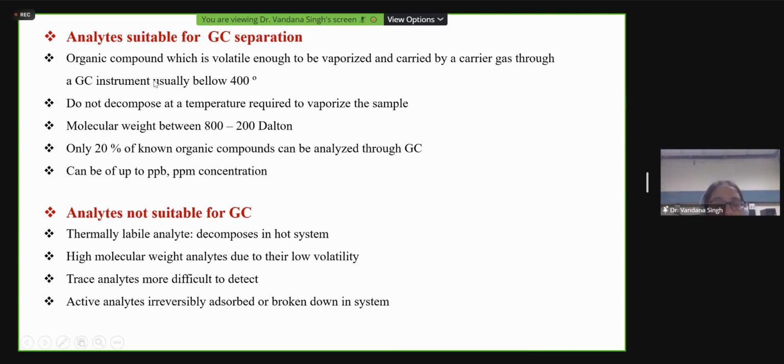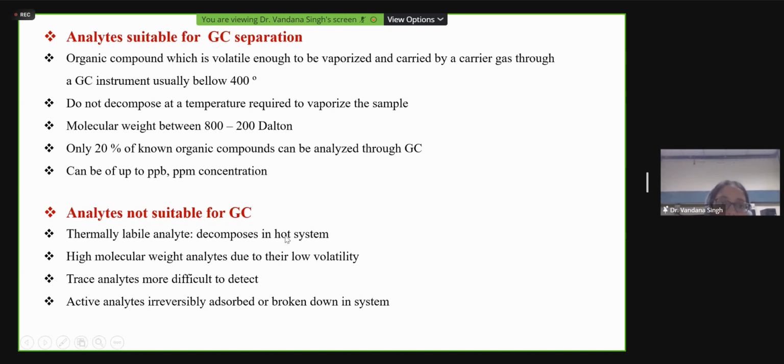Now, however, the concentration range that can be detected through GC can be even in the parts per million to parts per billion range. So, what kind of analytes are not suitable for gas chromatography? The analytes which are thermally labile, meaning they decompose at very high temperature, cannot be separated through this gas chromatography system.